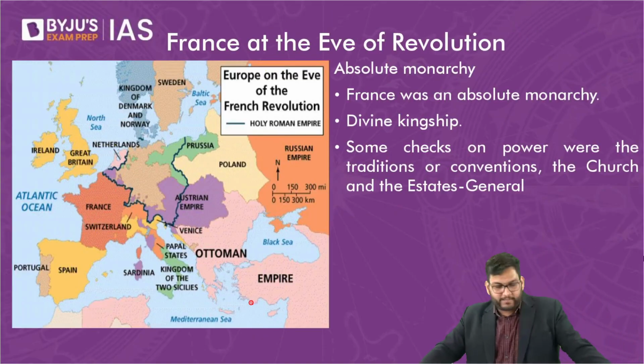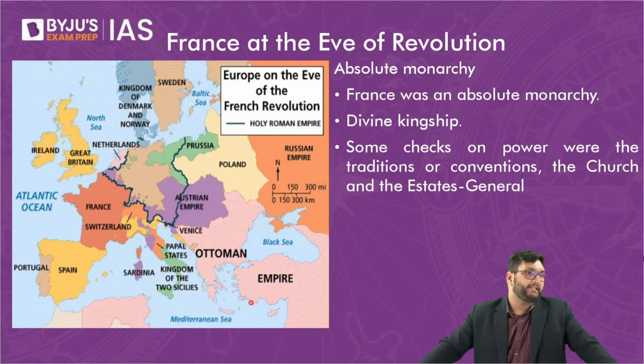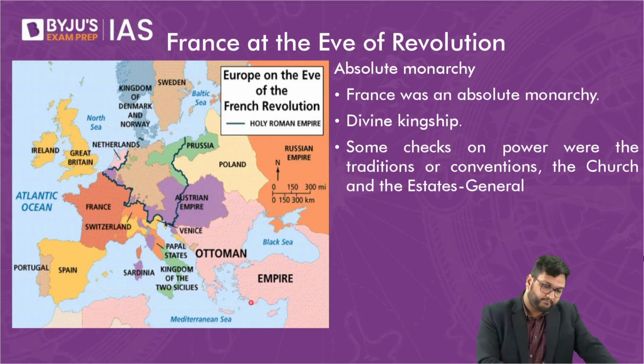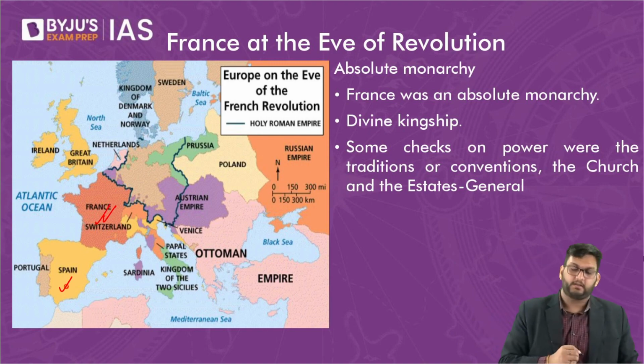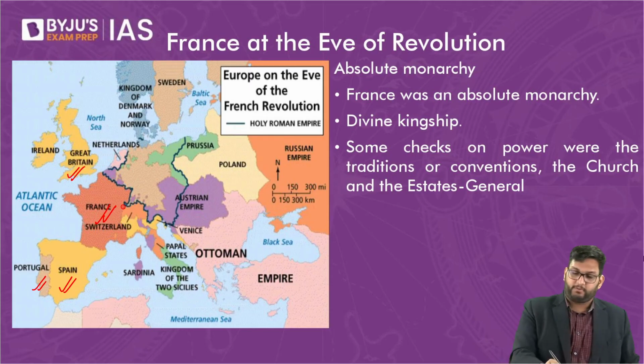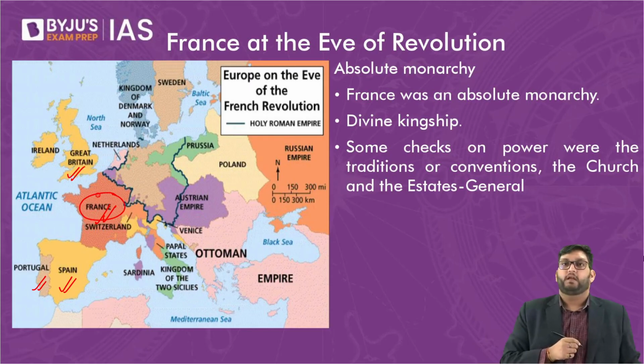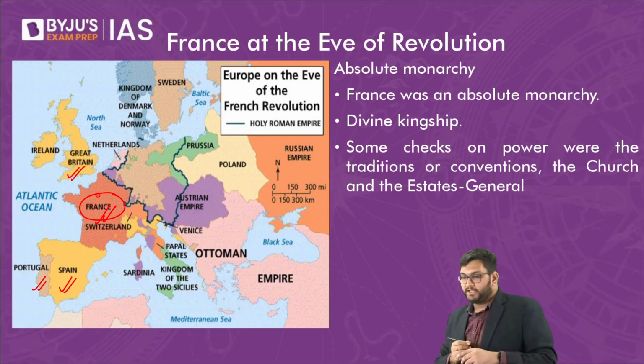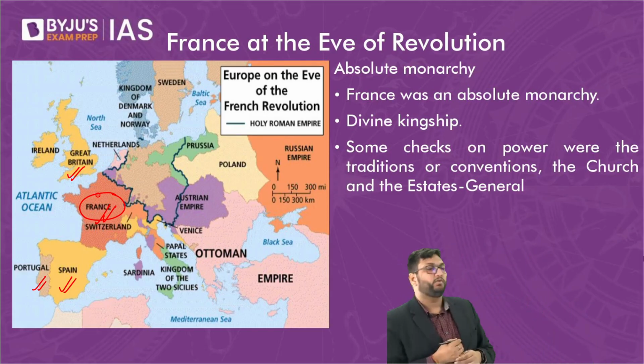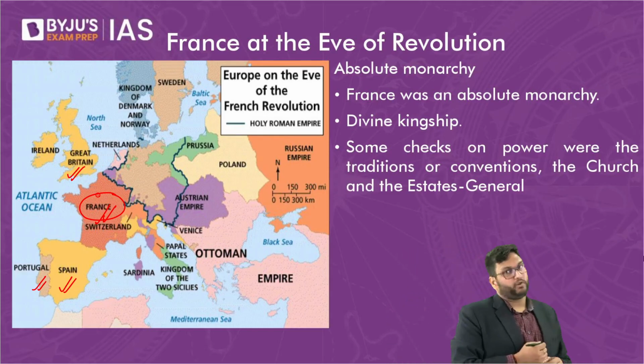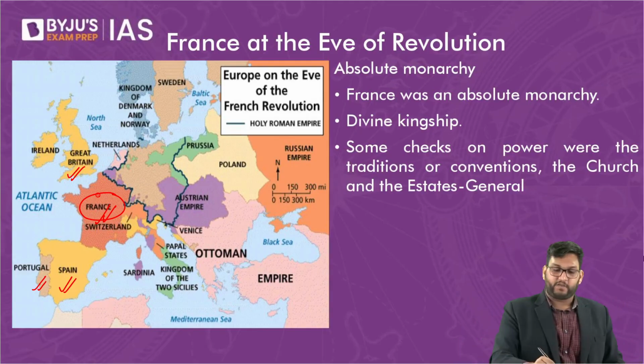Okay. Now, for the people who have not seen the old maps of Europe, this is France, this is Spain, this is Portugal, this is Great Britain. We are talking about France here right now. At this point of time, there is no Germany or Italy. Rather, there is something called the Holy Roman Empire.